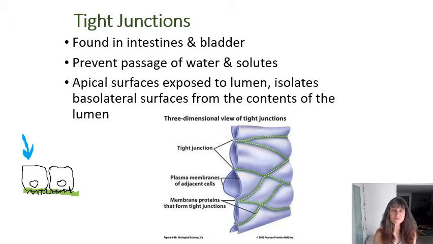The tight junctions are going to be found between the cells near the apex of the cells, knitting them together to help prevent the basolateral surfaces of the cells, baso meaning base, lateral meaning sides, from being exposed to different substances.